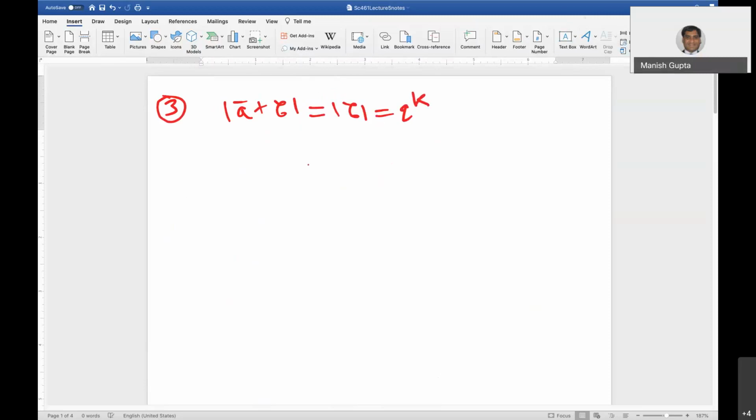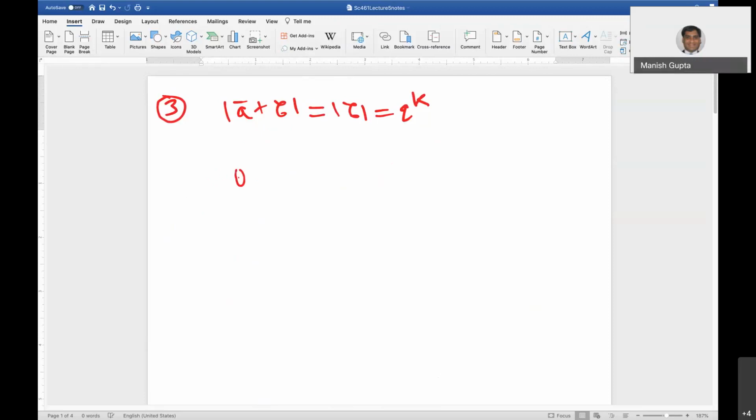So you want to show that the cardinality of A plus C is the same thing as the cardinality of C. Basically each coset has the same size, equal to the cardinality of C. In other words, all cosets have the same size. So how do we prove this?